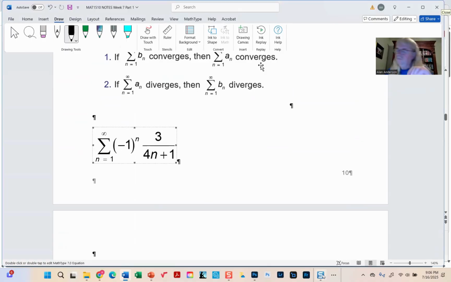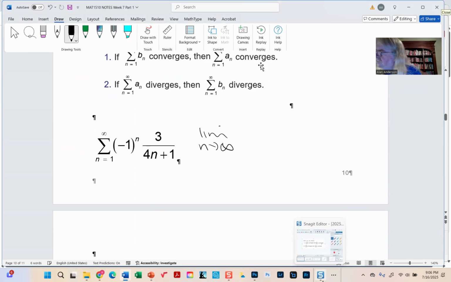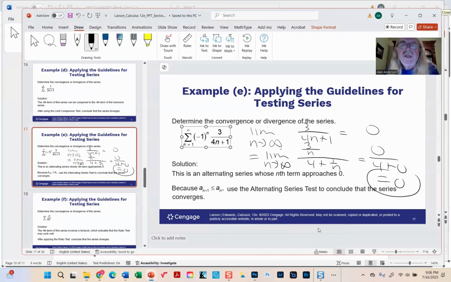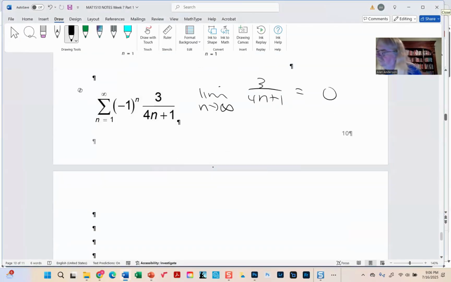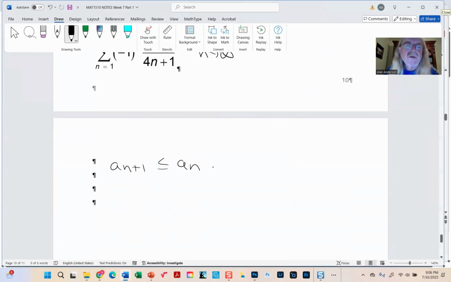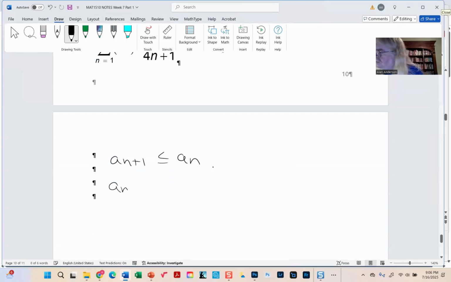That's not a problem. But what they also require us to do is show this a n plus 1 is less than or equal to a n. Okay. I find that very awkward. I'd rather write it like this. But that's the way they've done it.